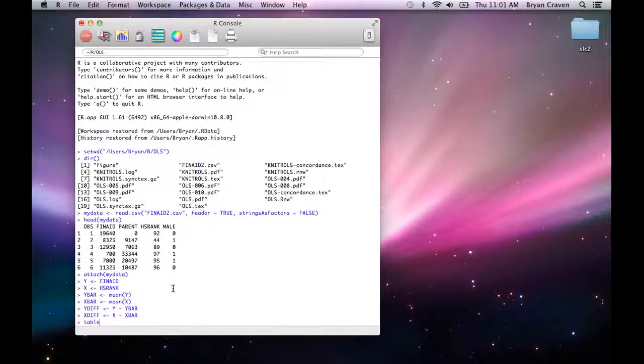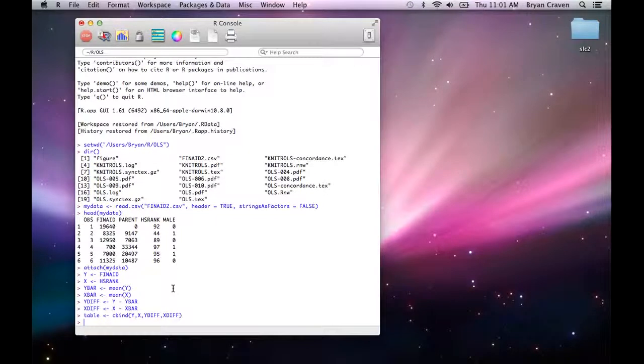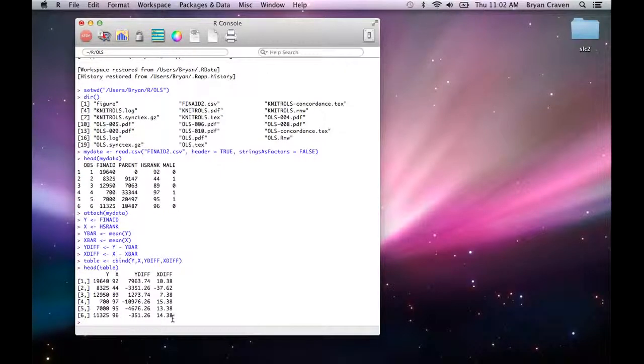So this is our table, cbind(y, x, ydiff, xdiff). With the cbind command, you can write the columns in the order that you want them to appear. Then if we say head of table, you'll see that this looks pretty similar to the first few columns of Table 1 on page 39 of the text.